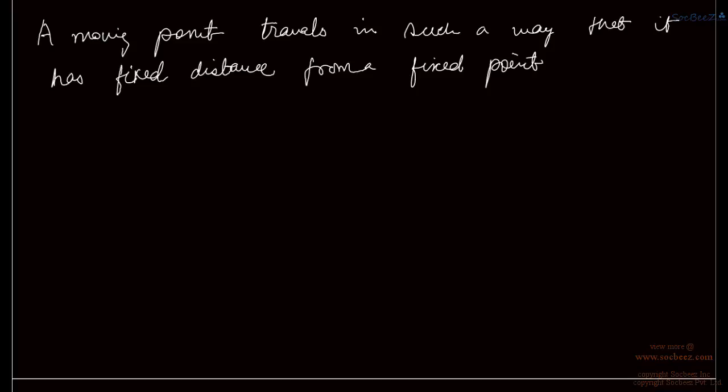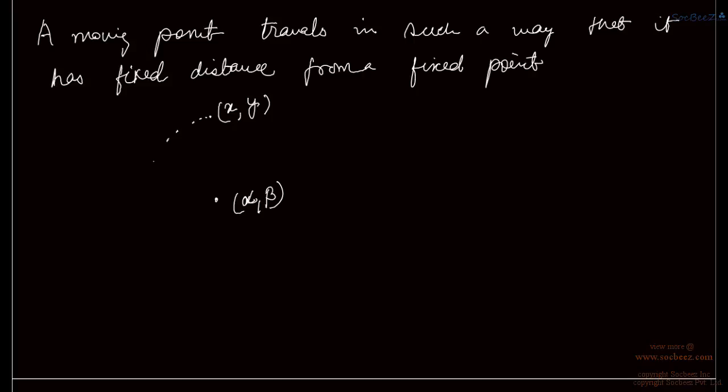That is, what is the locus of the moving point? So let's have a fixed point alpha, beta, and a moving point, say x, y. So this point moves in such a way that it always maintains equidistance from this point.